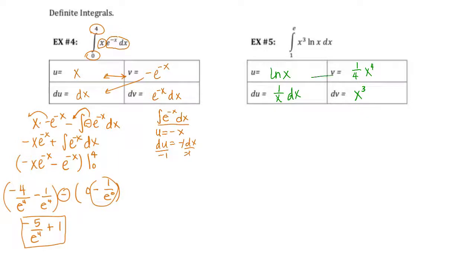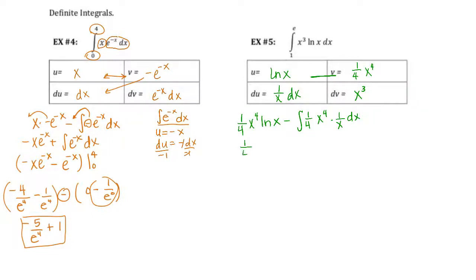So we have u times v. So I have 1/4 x to the 4th natural log of x, so uv, minus the integral of v, 1/4 x to the 4th, times du. du is 1 over x dx. Now let's simplify over on this other side our integral.